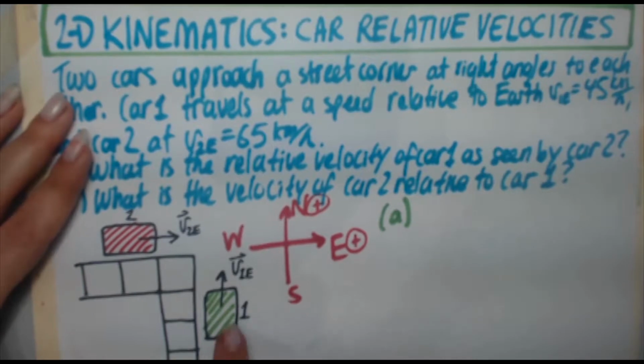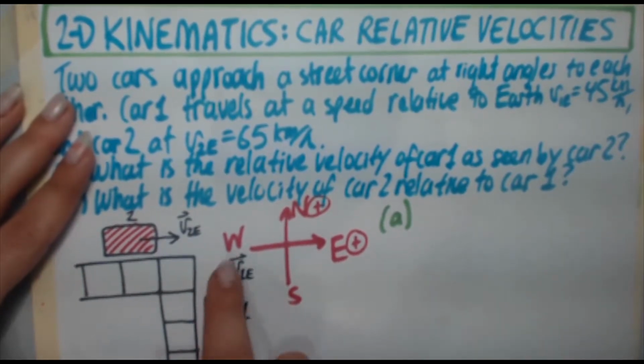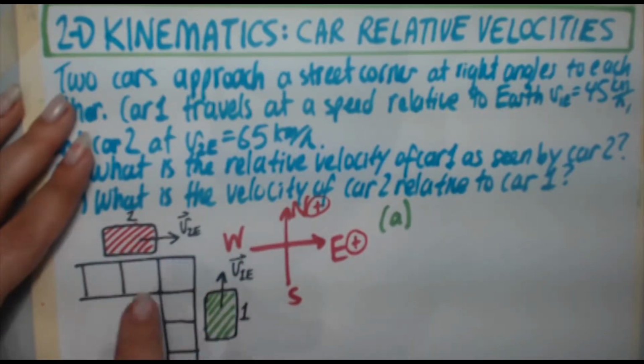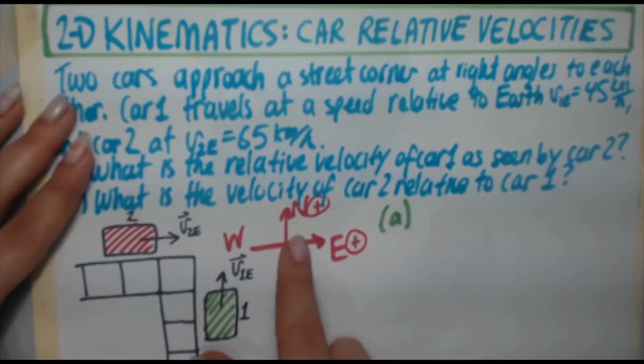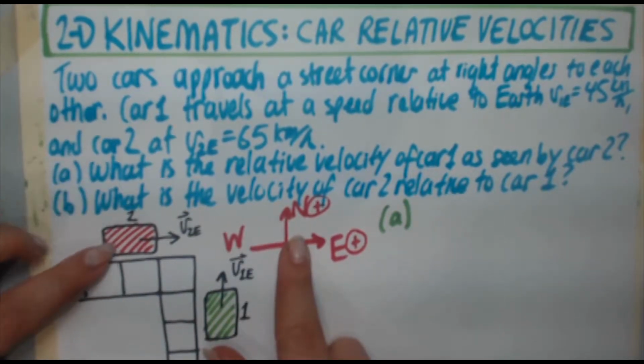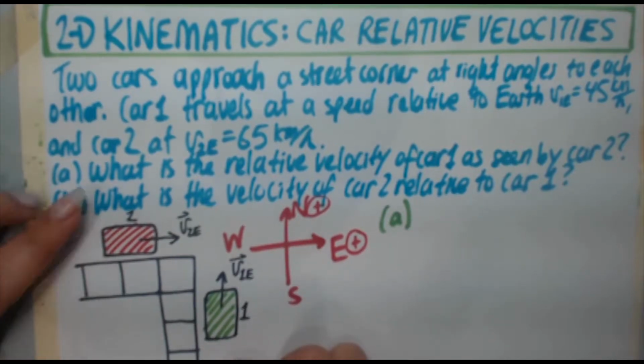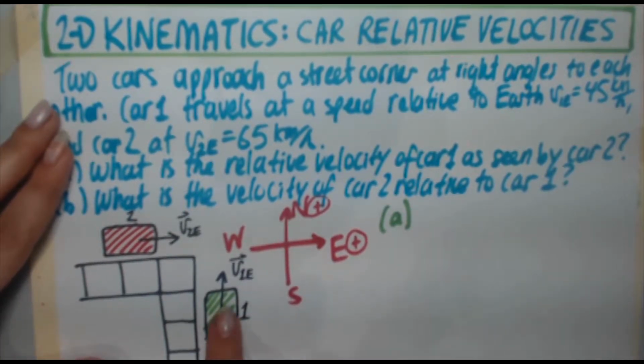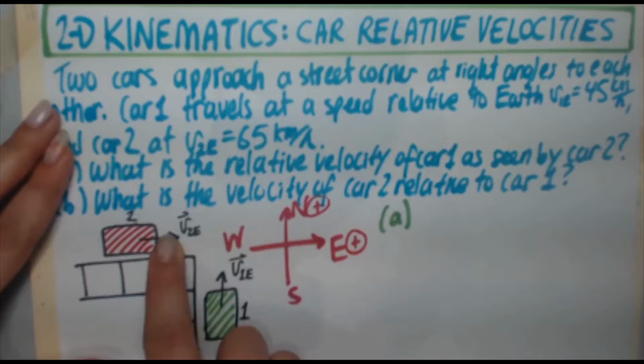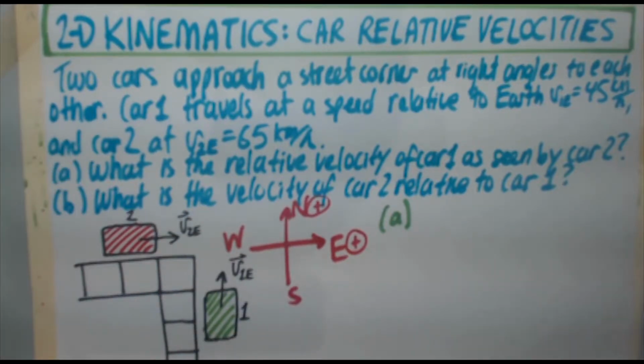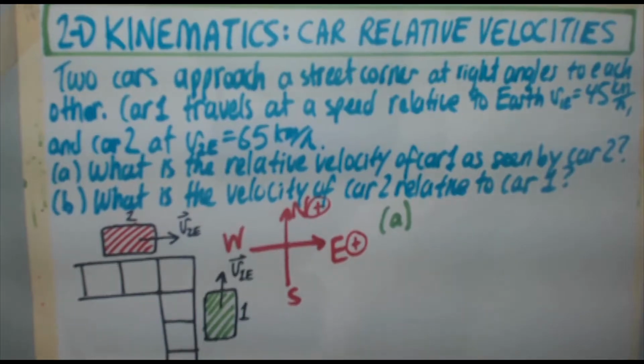But when you compensate for car 2's direction, who's now stationary, you've got to be careful, because if you state that now the horizontal component of this guy relative to car 2 is going east, technically he's going to be getting further away from car 2, right? Because this person's now stationary, we're assuming. So that means that the horizontal component actually needs to be going west. So we've got two components here. We've got a northward component and a westward component.